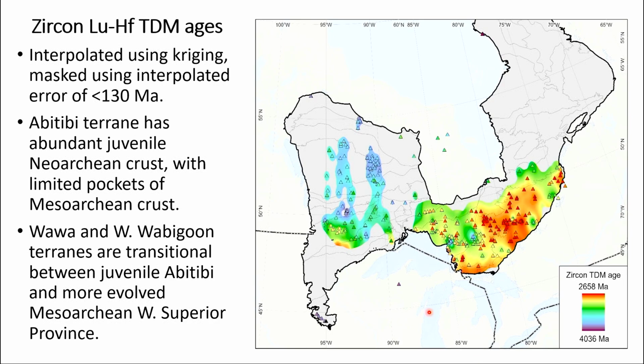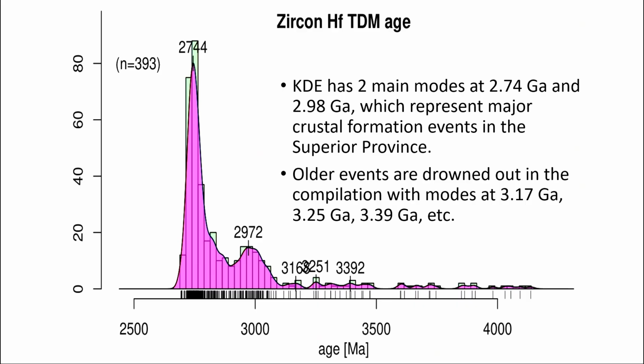And what you can see is a general east-west gradation from evolved crust in the west to juvenile crust in the east, where Wawa and West Wabigoon are transitional between the older North Caribou terrane and the much more juvenile Abitibi terrane.